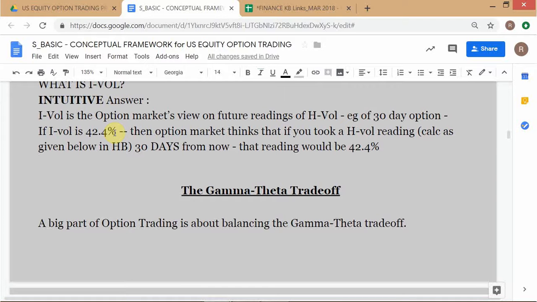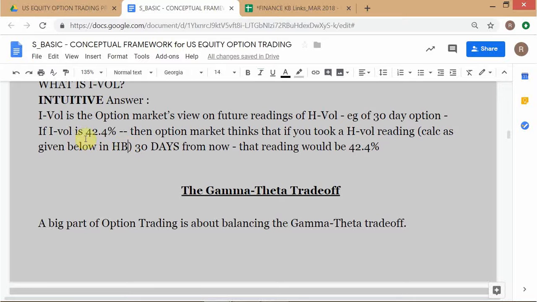HVol is always based on historical data. It is the one standard deviation price change for a 1-year period, which means that if you get a figure like 20%, then on average two-thirds of the time, if the price is $100, 1 year from now the price should be trading between 120 and 80. That's what HVol means.